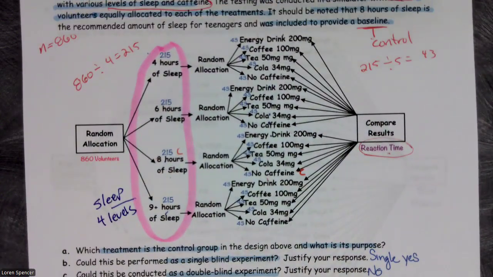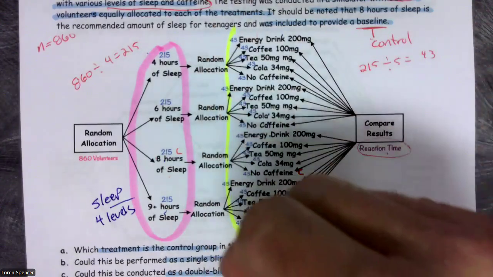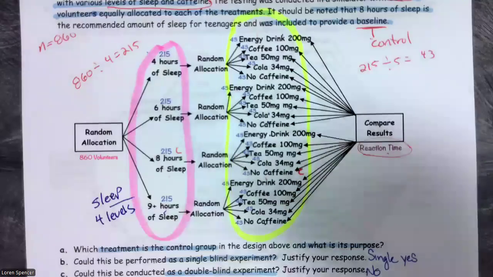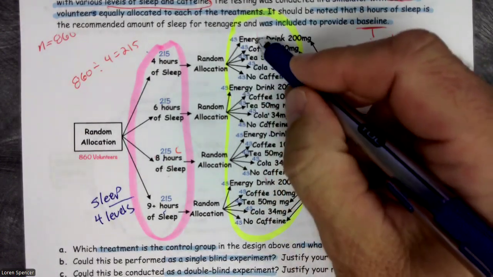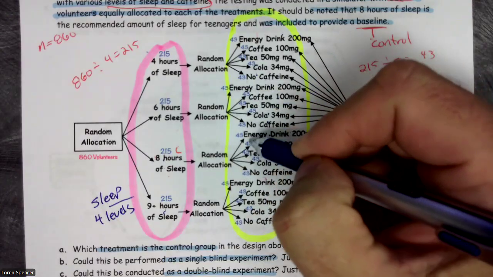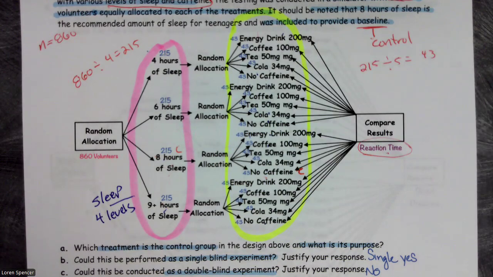Over here, my next split occurs right here. And this is where people get a little confused. Please note, this group is the same as this group, is the same as this group, is the same group as this group. So we don't count the repeats.